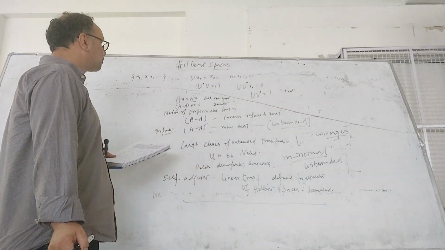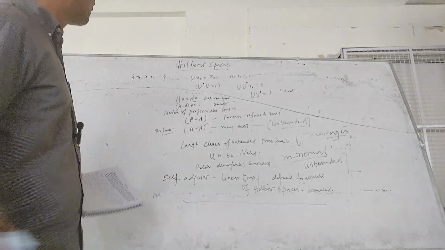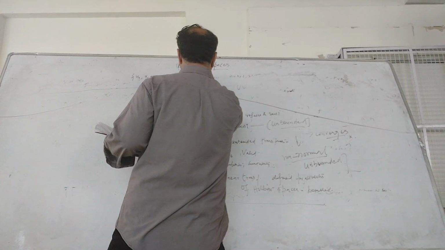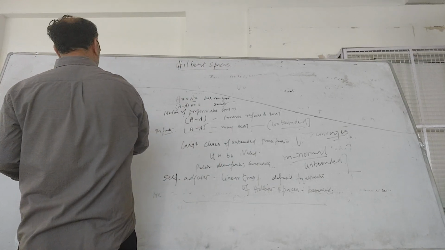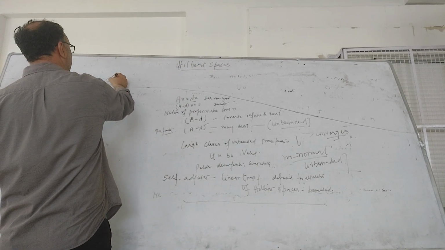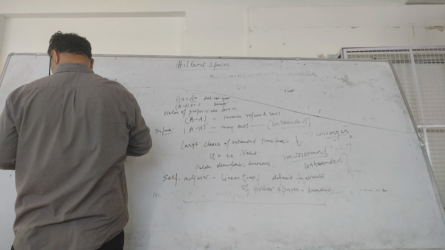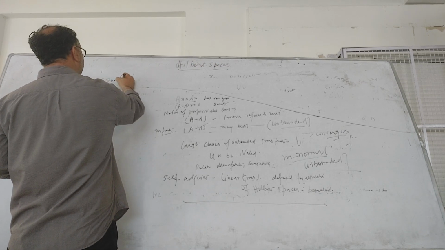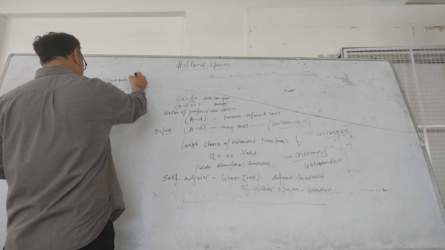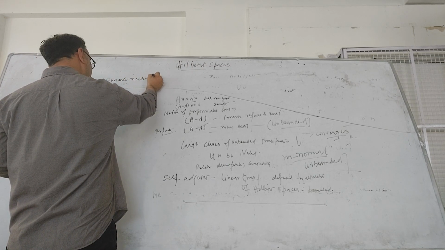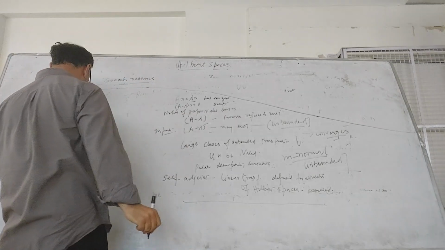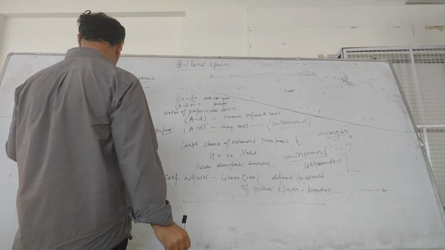In quantum mechanics, what do we say? Quantum mechanics shows a physical system that's represented by vectors in Hilbert space.